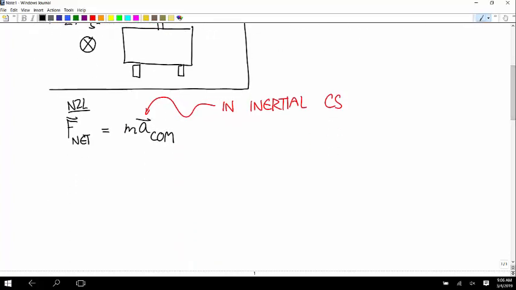It's really the same kind of idea as that problem I did at the end of class last time, using the relative motion equations. So the acceleration of the passenger relative to the ground is equal to the acceleration of the passenger relative to the train plus the acceleration of the train relative to the ground.